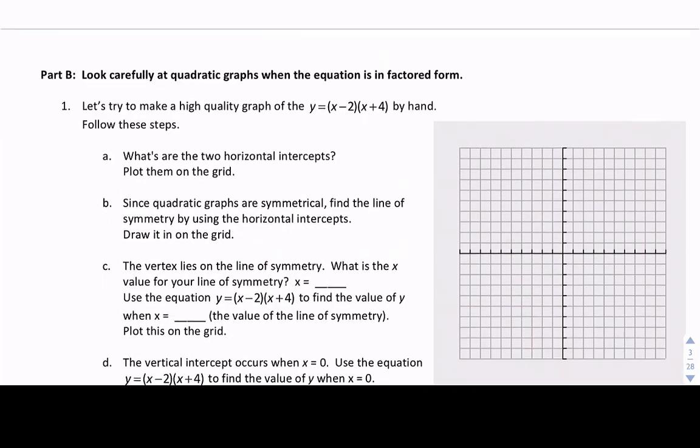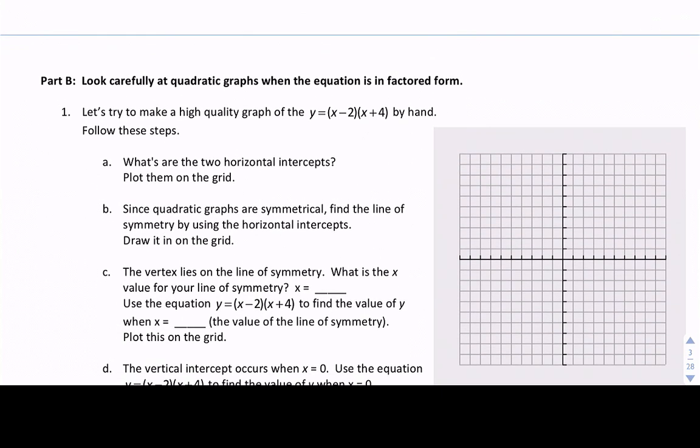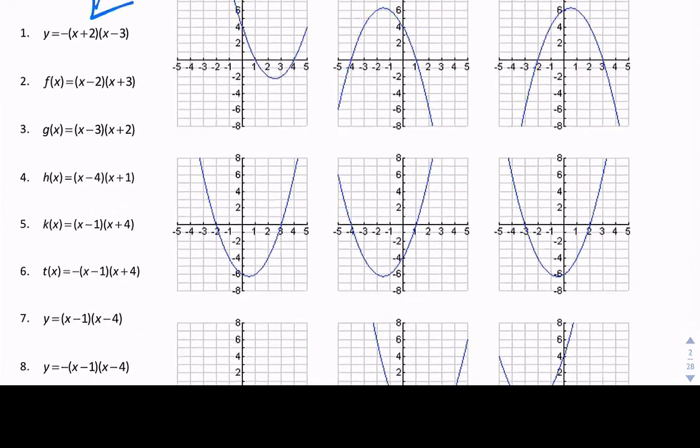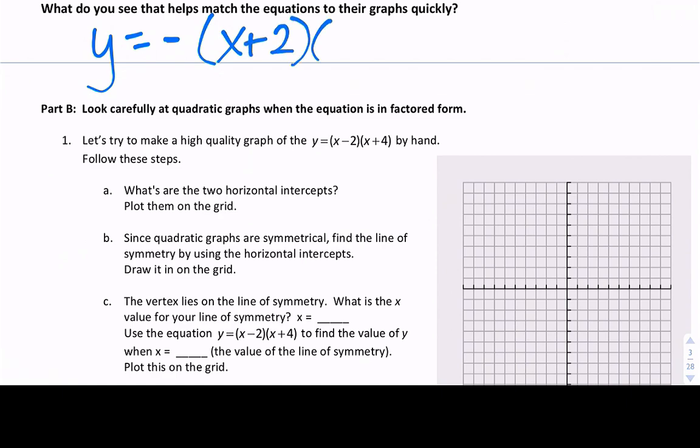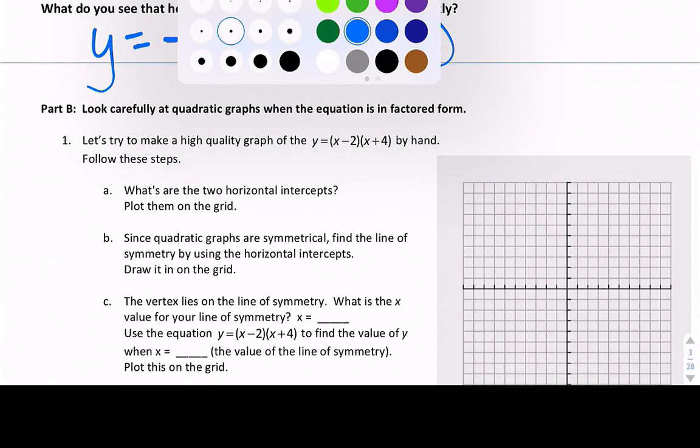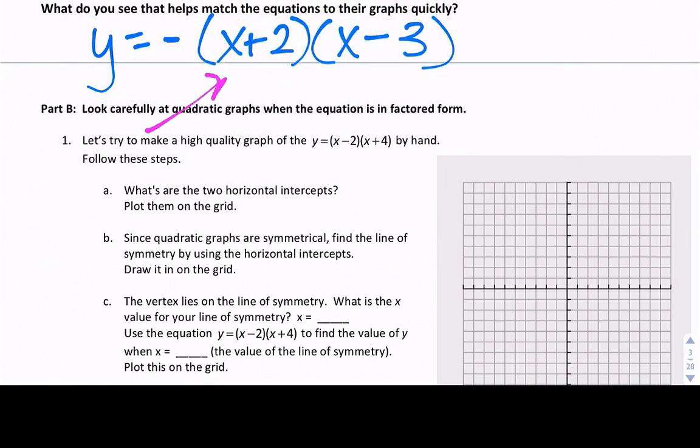What you should be able to notice, so I'll write this up here. I'm going to just take that first example. So we have y equals negative x plus 2 and x minus 3. And when we looked at the graph on our graphing calculator, those x-intercepts, one was at negative 2 and one was at positive 3.